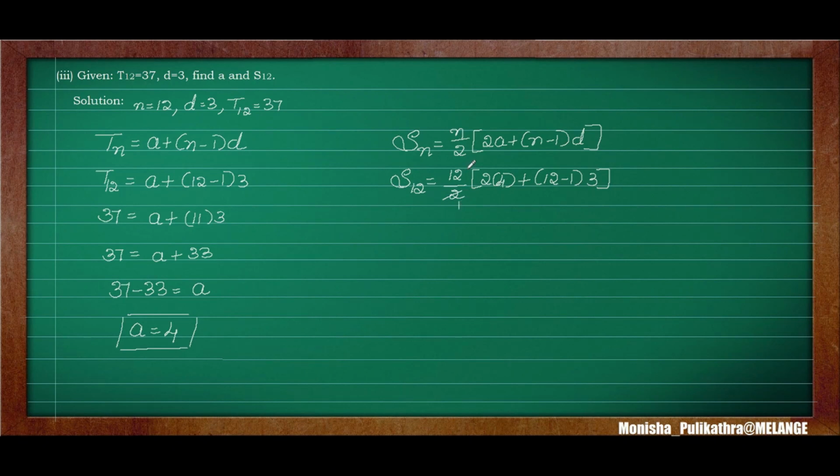So here 2 1s are 2, 6. So 6 into 2 4s are 8 plus 12 minus 1 is 11 into 3. So 6 into 8 plus 11 3s are 33. So 6 into 33 plus 8 is 41. So 6 1s are 6, 6 4s are 24.